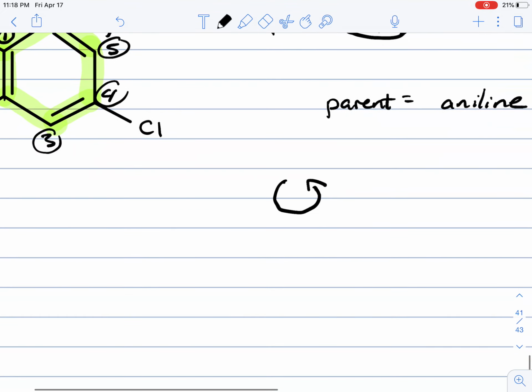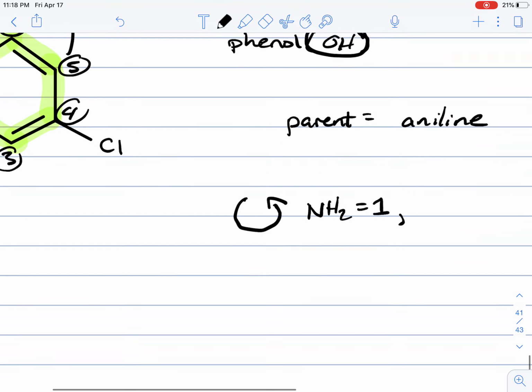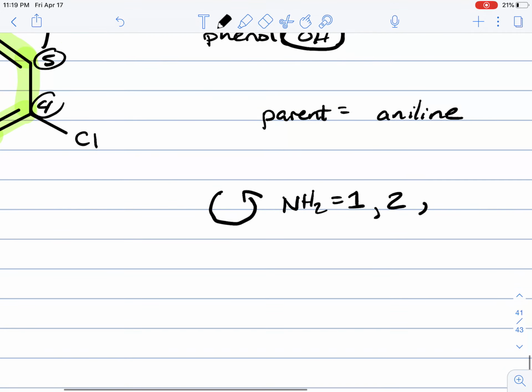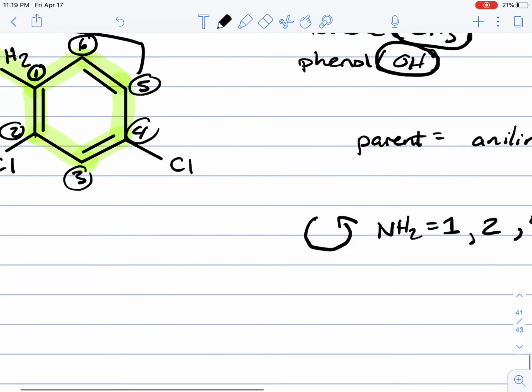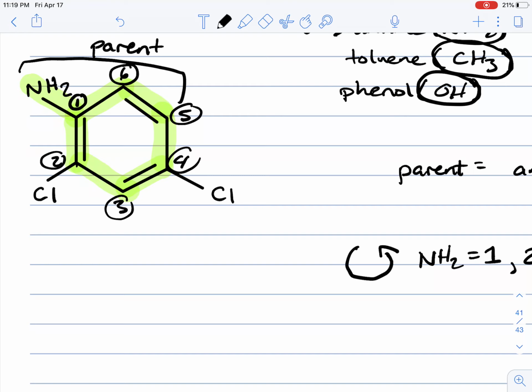We're going to take NH2 as our reference point, and that's going to be carbon number 1. Chlorine, if we go this way, is going to be carbon number 2. The other chlorine is going to be carbon number 4. So we have a combination of 1, 2, 4.